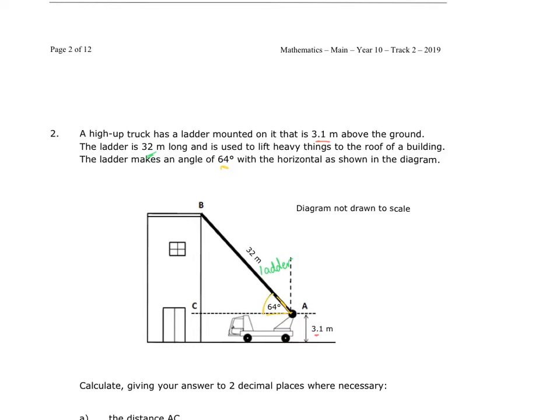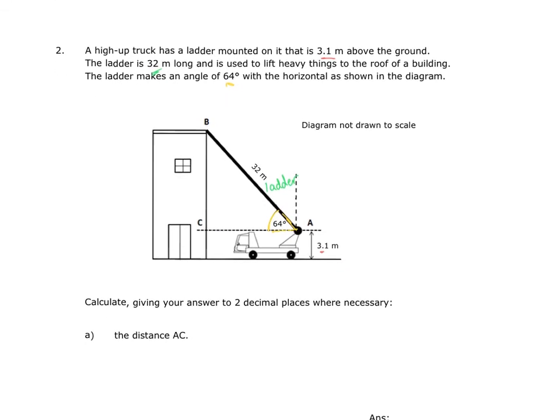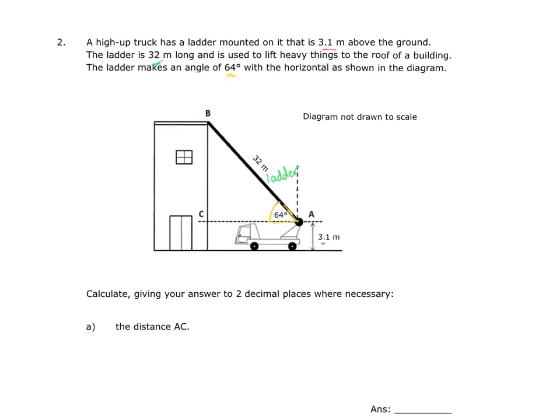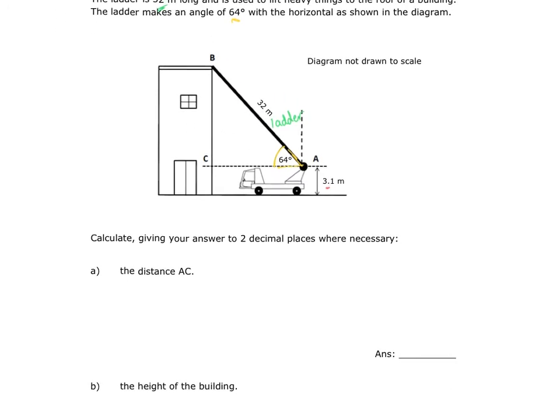Now calculate, giving your answer to 2 decimal places where necessary, the distance AC. So the distance AC is the one from here up to here, that distance. Okay?